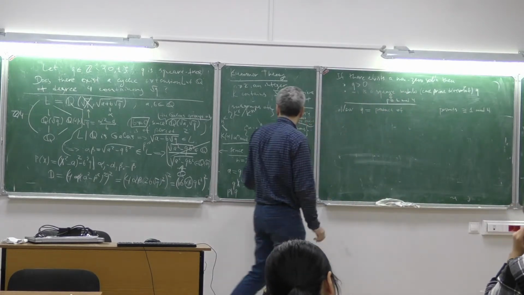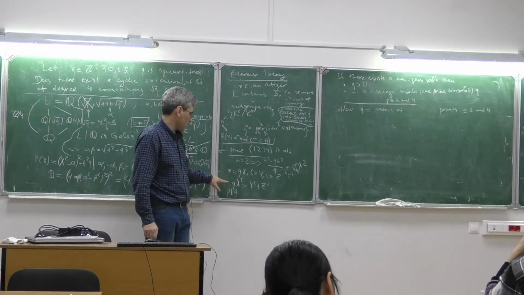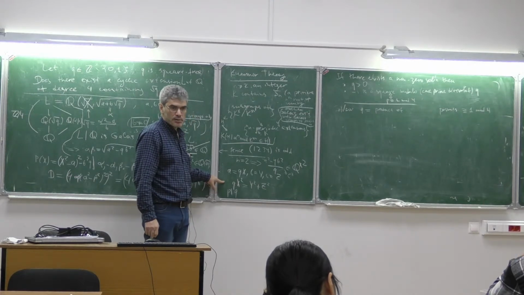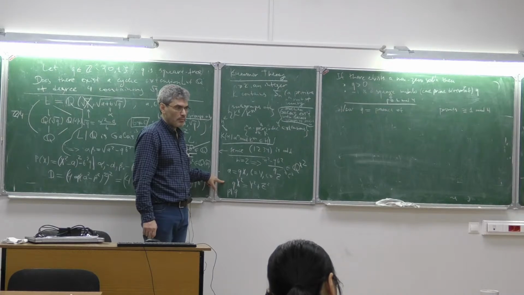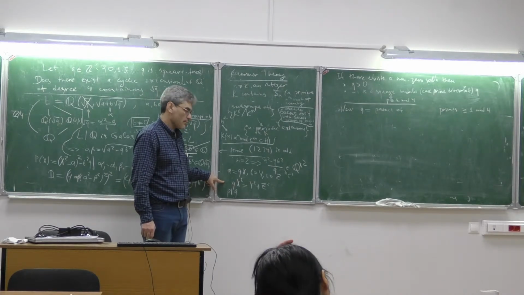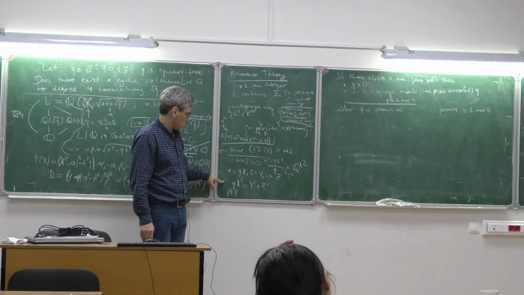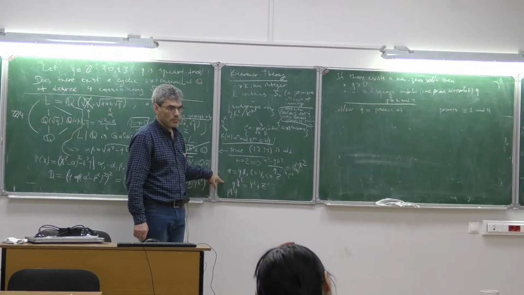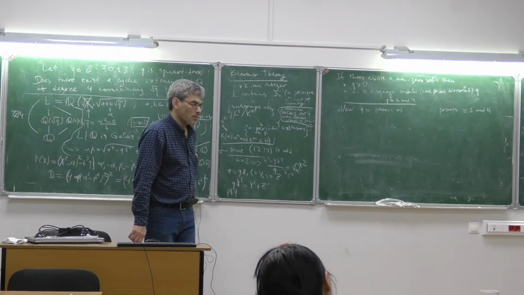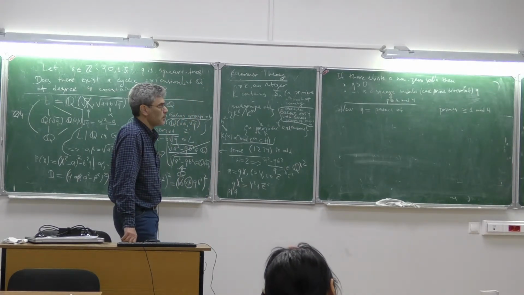So the question is whether this equation has a solution only in cases where, for example, y square is 0 modulo 4, x square is 1 modulo 4, and z square is 1 modulo 4.